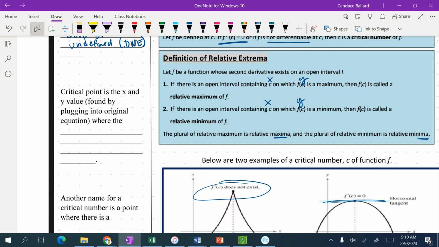A critical point is the x and y value found by plugging into the original equation where the derivative equals 0 or is undefined, which means does not exist.